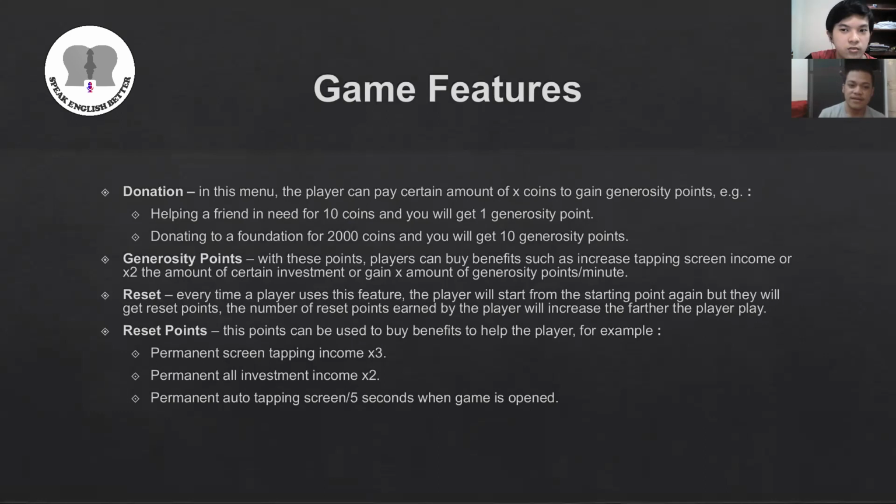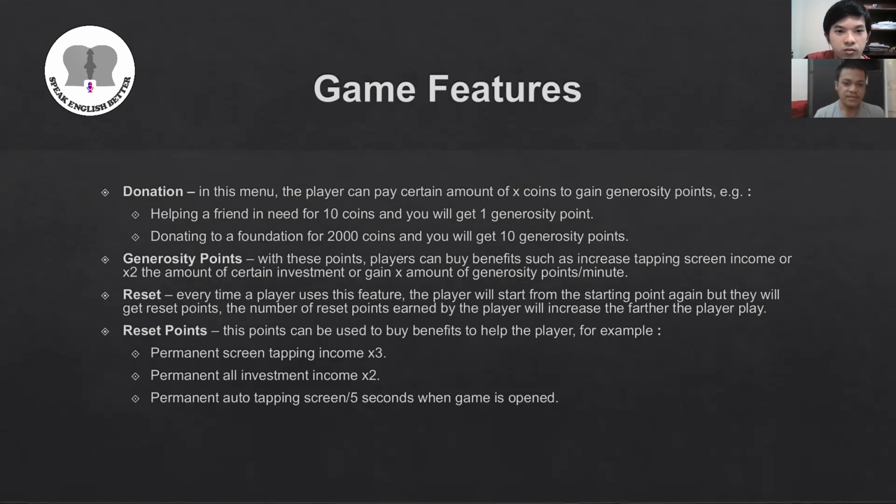The other way is donating to a foundation for 2,000 coins, and you will get 10 generosity points. Okay, generosity points. With these points, players can buy benefits such as increased tapping screen income, or exceed the amount of a certain investment, or gain X amount of generosity points per minute, or reset.